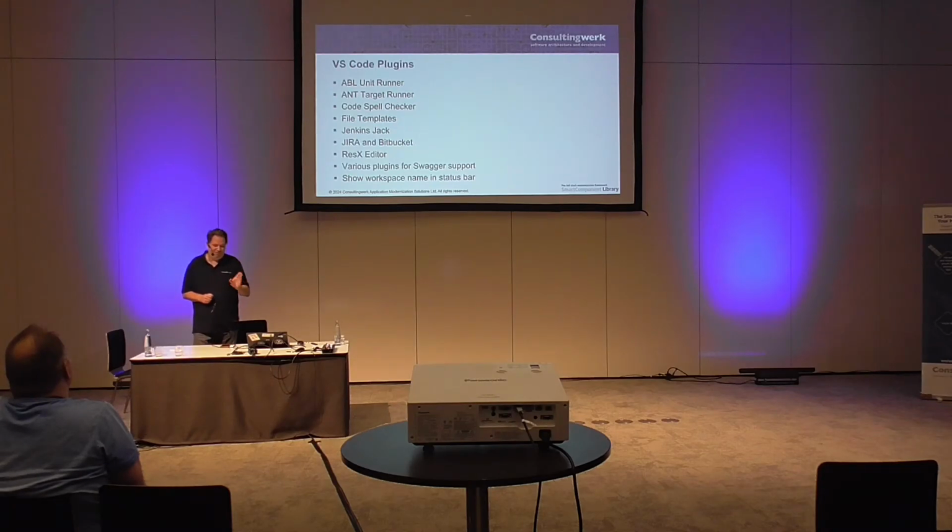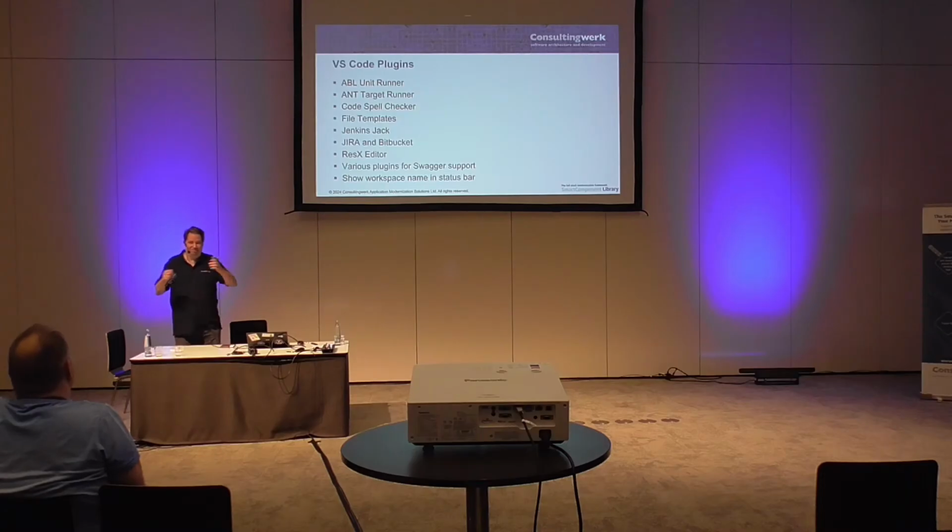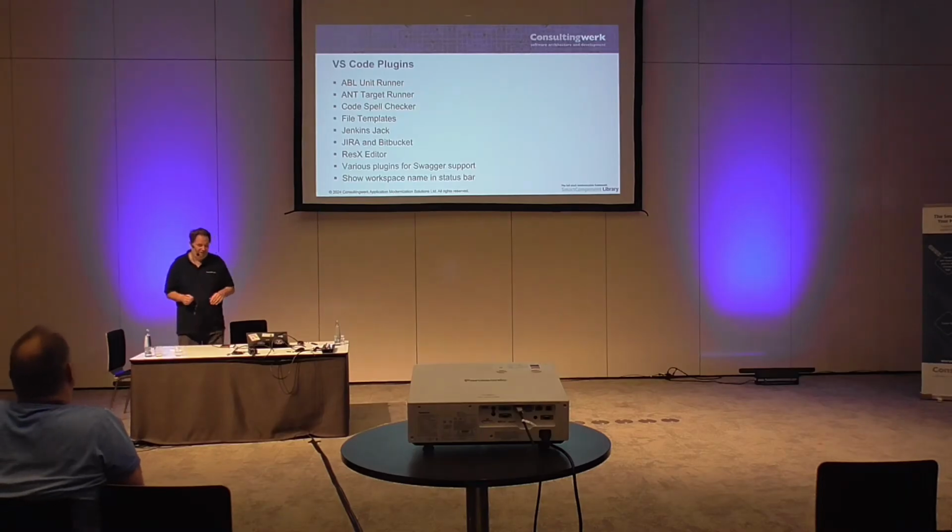Templates, that's one thing that was really irritating in the beginning when we started using VS Code. There's no concept of templates for new files. Out of the box, you always create an empty file. For a procedure, it's just a little bit annoying. For class files, adding the usings and so on.